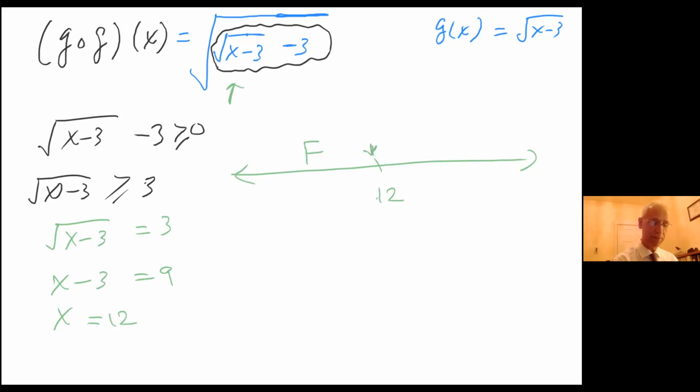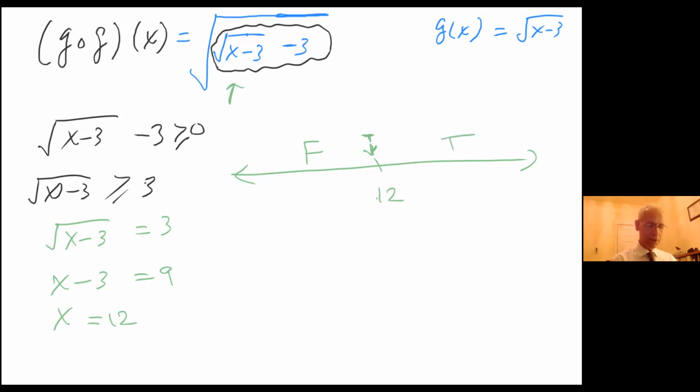If I plug in 12, I get the square root of 12 minus 3, which is the square root of 9. The square root of 9 is 3. 3 minus 3 is 0. And the square root of 0 is 0. So that is actually true, I'm going to put a small t because this is part of the domain. And to the right of 12, any number I pick, let's say 20, 30, 50, 13, it's going to give me a positive number. So this is true.